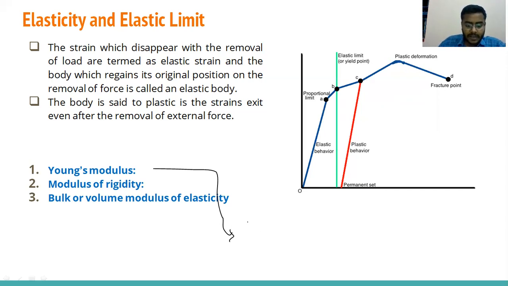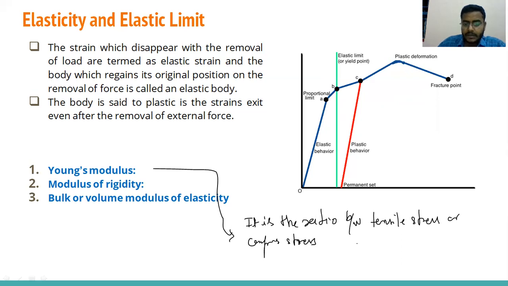The definition: it is the ratio between tensile stress or compressive stress, and the corresponding strain, tensile strain or compressive strain. The notation we write is E.